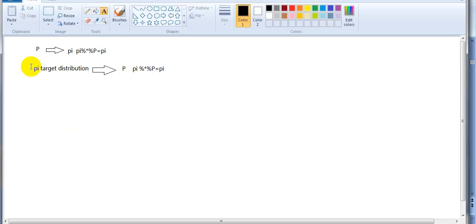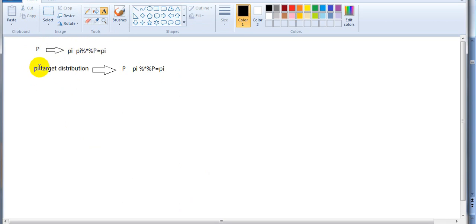You can imagine that if you give P, then usually we can solve the equation, and it's easier to find a unique pi. Most of the time, if it is ergodic, you can solve it and find a unique solution.